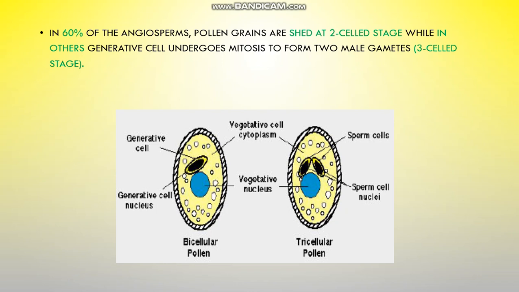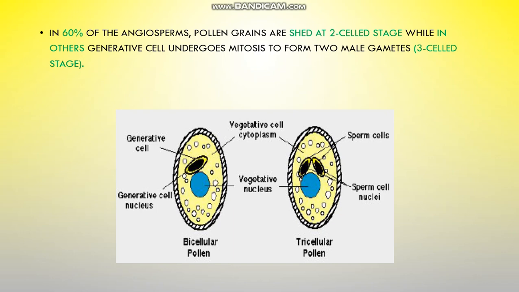Now you can see this is the vegetative cell, and since the generative cell was floating in the cytoplasm of the vegetative cell, when it divides and forms the male gametes, those male gametes also float in the cytoplasm of the vegetative cell. So this is the three-celled stage of pollen grain.